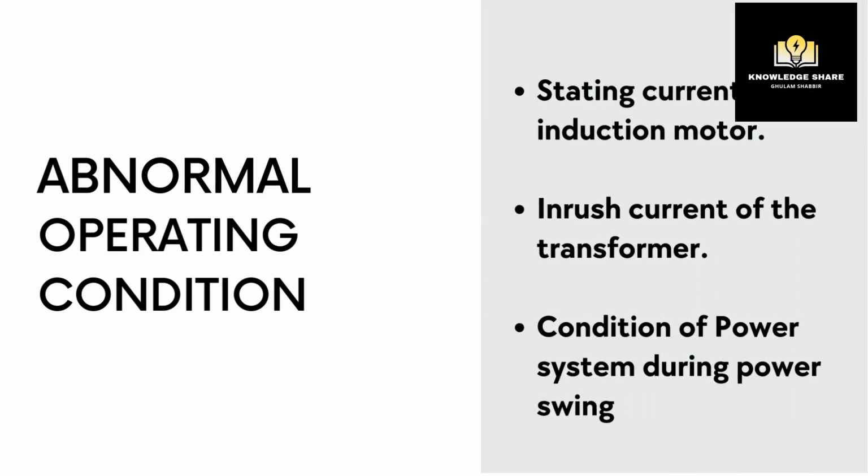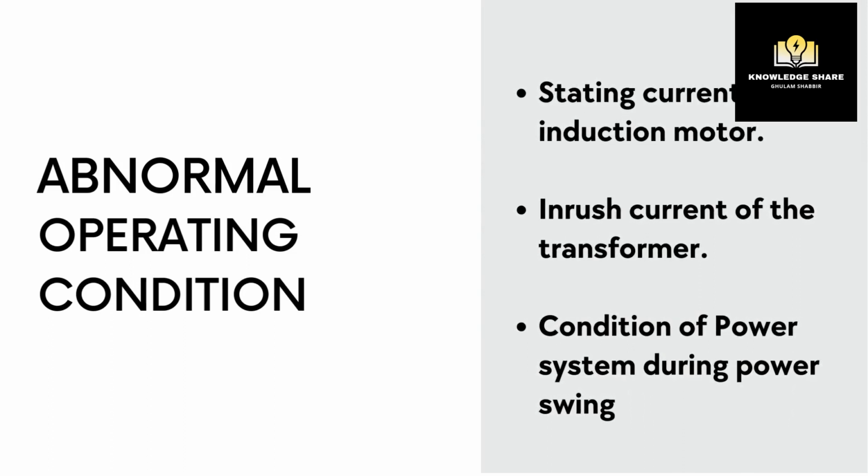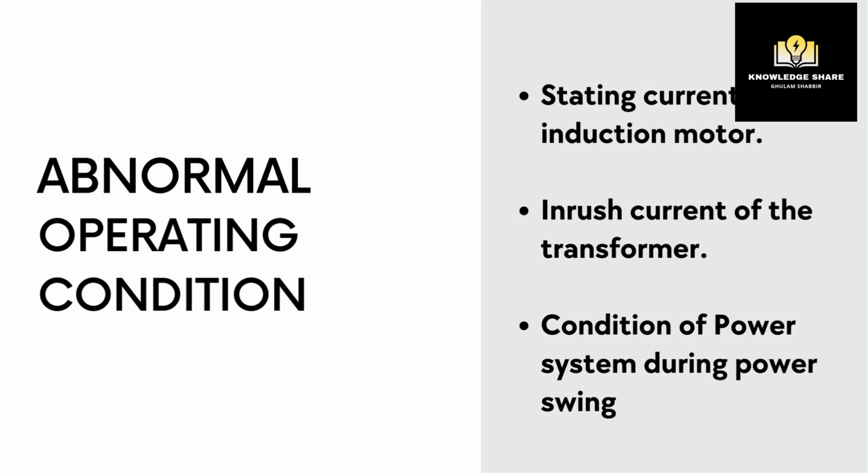Now we will discuss the abnormal operating conditions. The boundary between the normal and the faulty condition is not crisp. There are certain operating conditions inherent to the operation of the power system which are definitely not normal, but these are not electrical faults. For example, starting of the induction motor, inrush current of the transformer, condition of the power system during power swing.